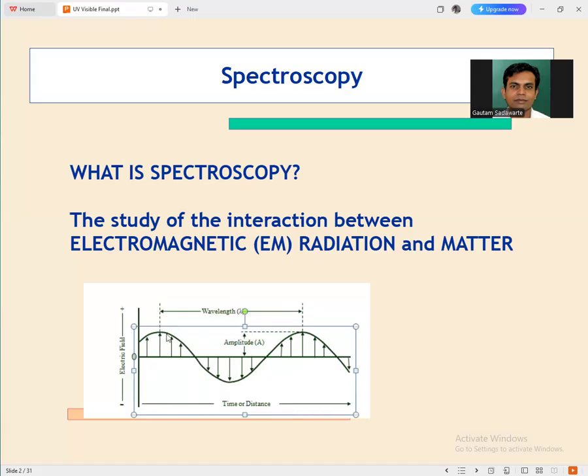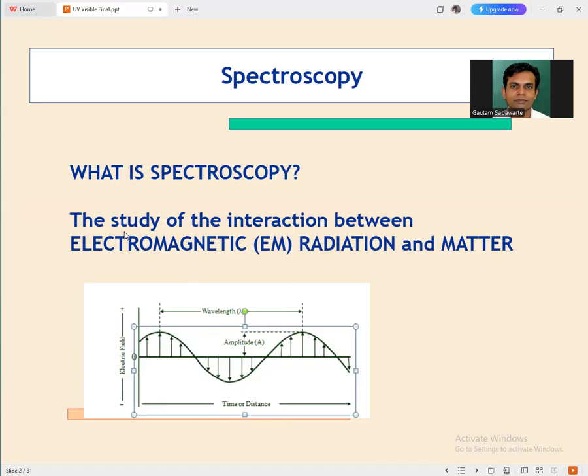These maxima are called crests. These are 2 maxima which are shown here and this is 1 minimum. So the maximum is called a crest. The distance between 2 successive crests or 2 successive troughs is called the wavelength.